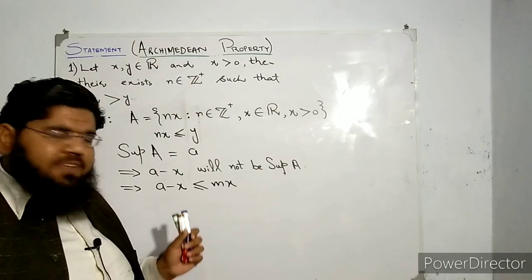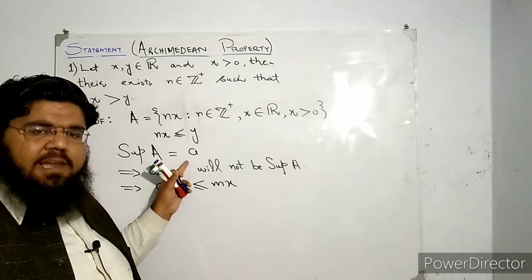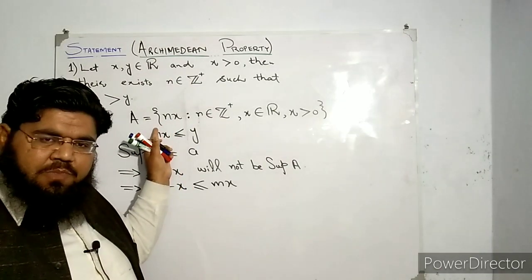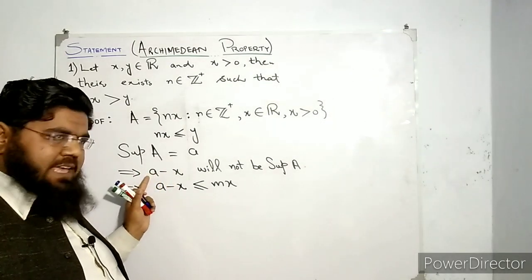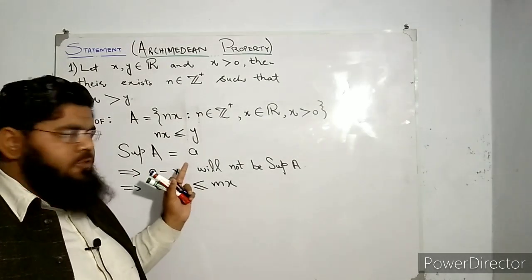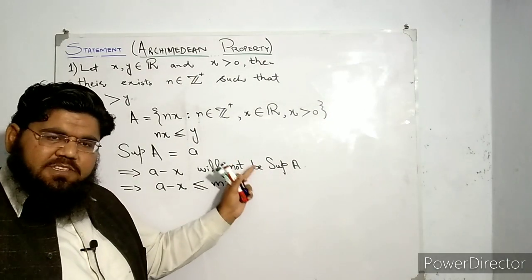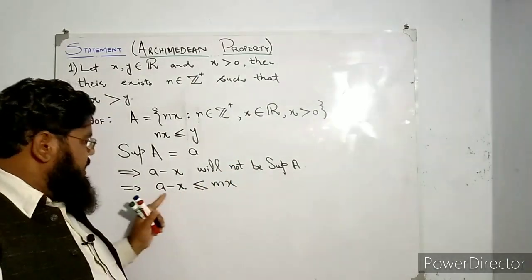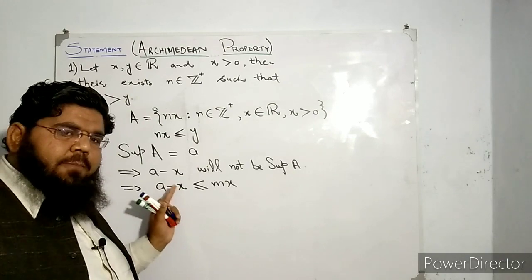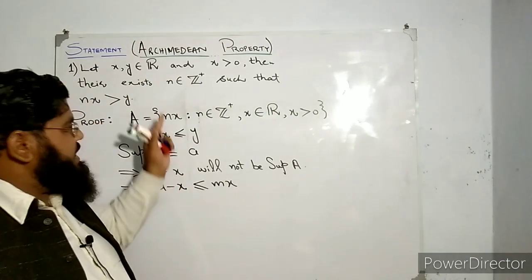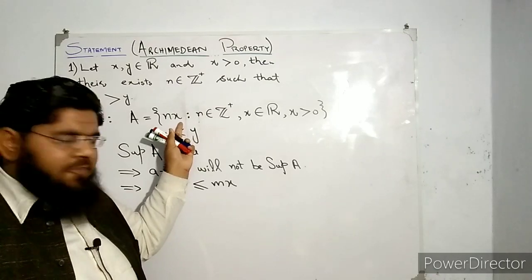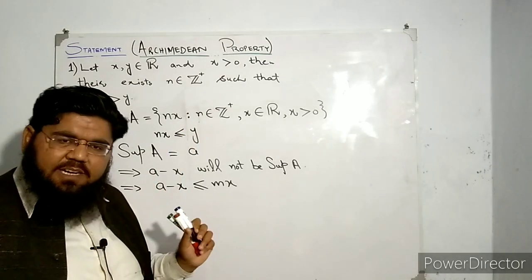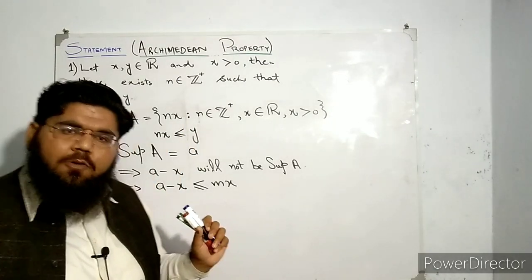Because we have said that a was the least upper bound of this set A, and then we have subtracted some real number x from a, which makes it no longer an upper bound of the set A. So if it is not an upper bound of A, that means there is at least one element of this set which is greater than a minus x. That is why we are saying that this is no longer an upper bound of A.